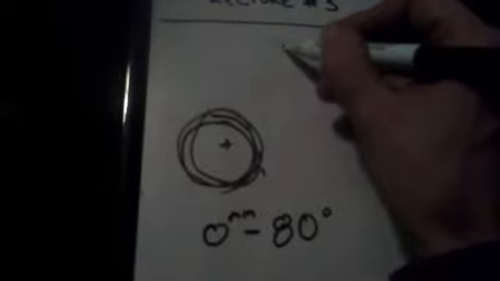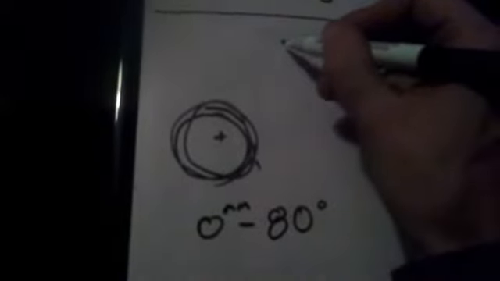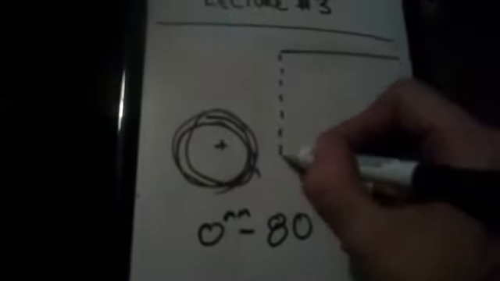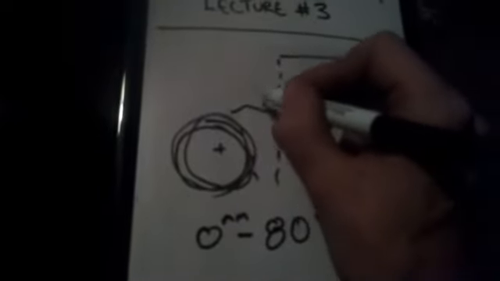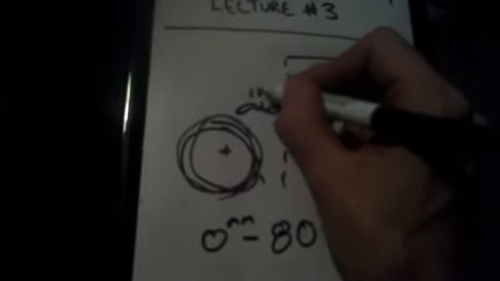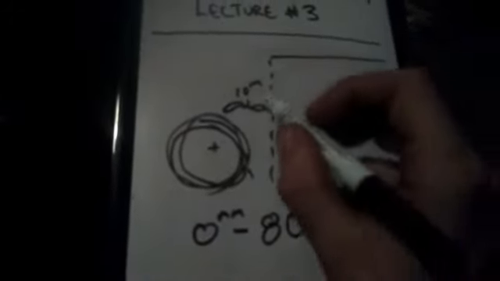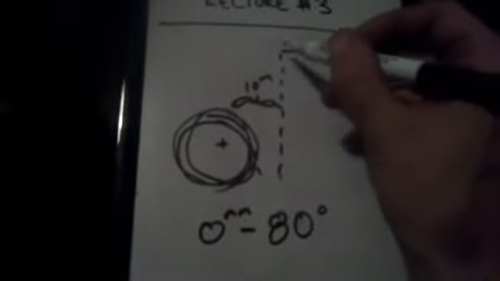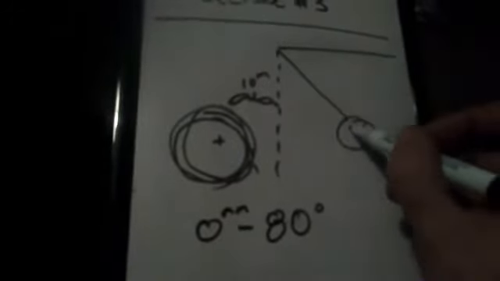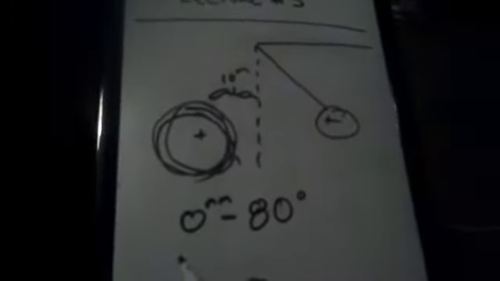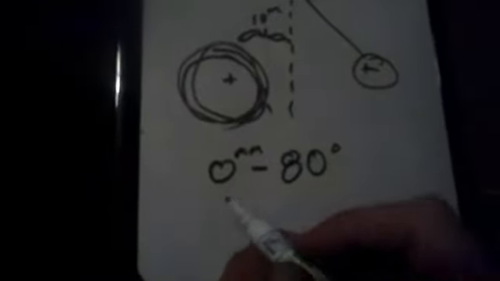Now, say we go out here, and your distance here is 10 millimeters now. So you have 10 millimeters there, and your angle drops down to a 70.